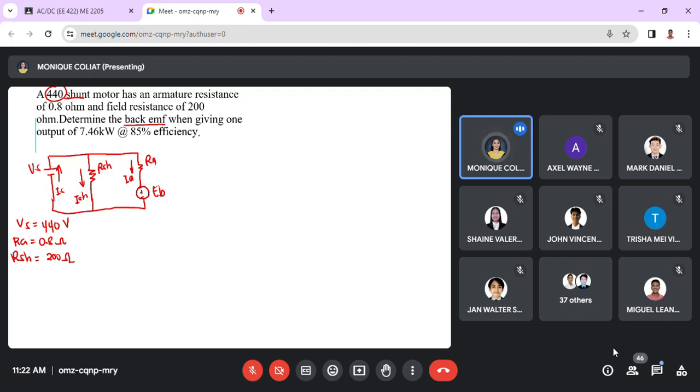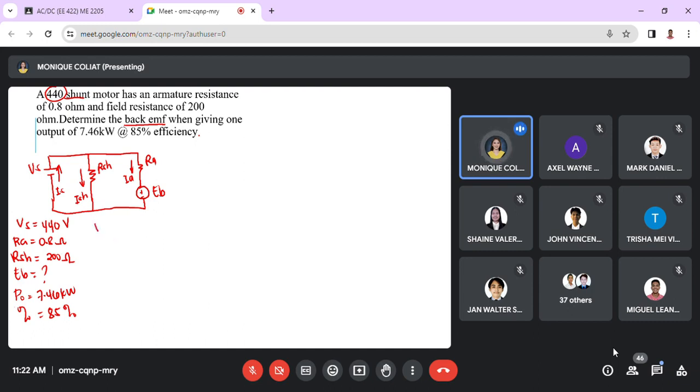Back EMF is what is asked. We have an output power PO of 7.46 kilowatts and an efficiency of 85%.